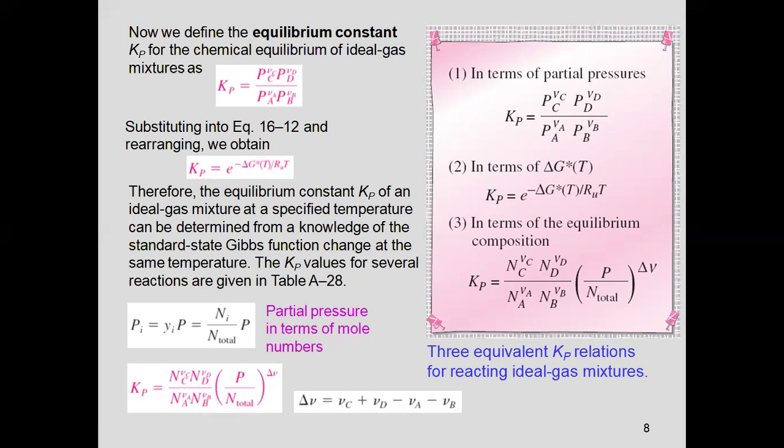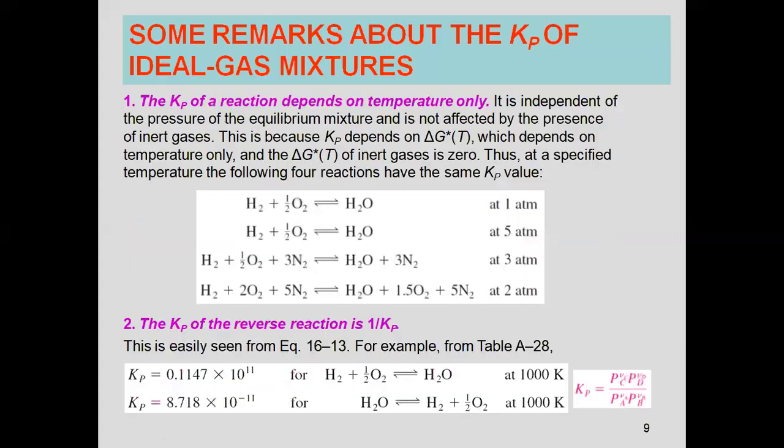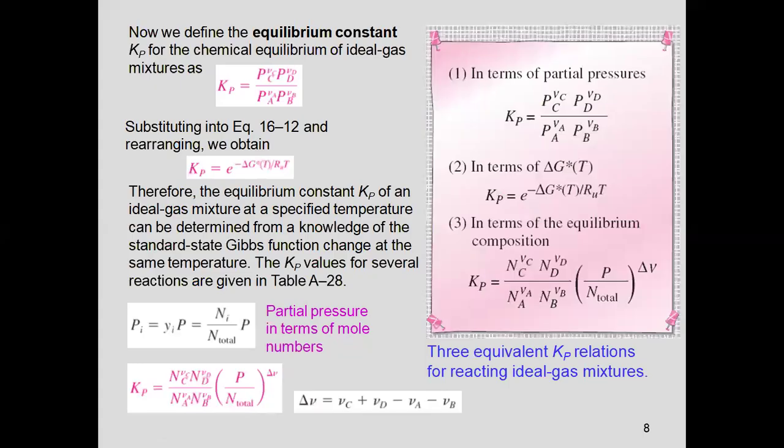And also we have computed the Gibbs function change, how to calculate that, because part of that we need to get from the table and part of that we can just calculate knowing the two pressures, that is the starting pressure and the equilibrium pressure.